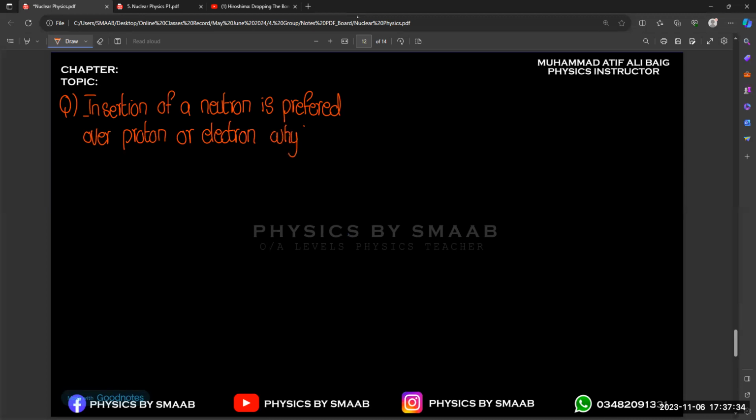So the question is why we are using only neutron, not any other particle. Any idea in your mind?